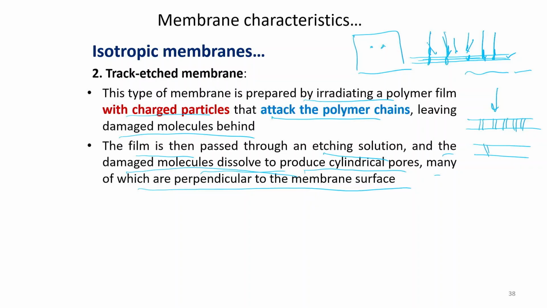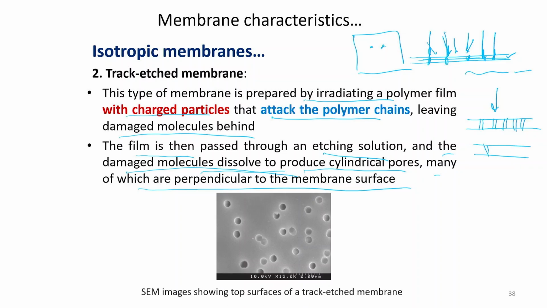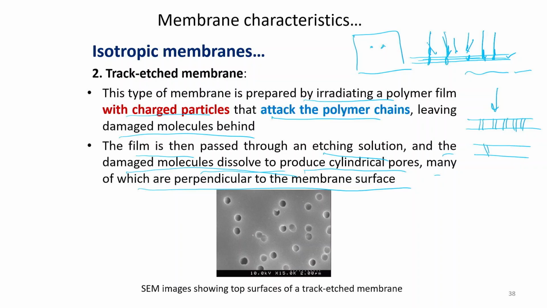This is one of the isotropic membrane manufacturing processes. You can see here a charged particle damages the polymer, and this portion can be etched out, leaving these pores on the polymeric membrane.